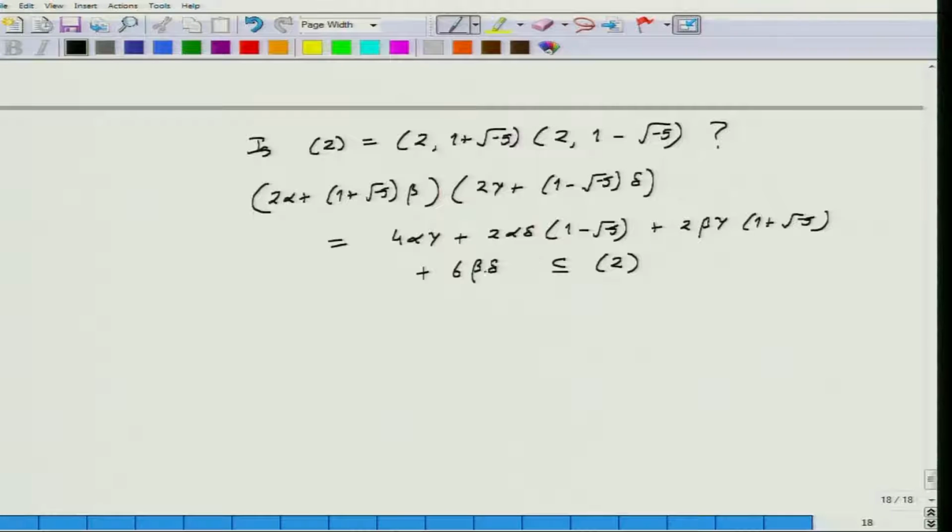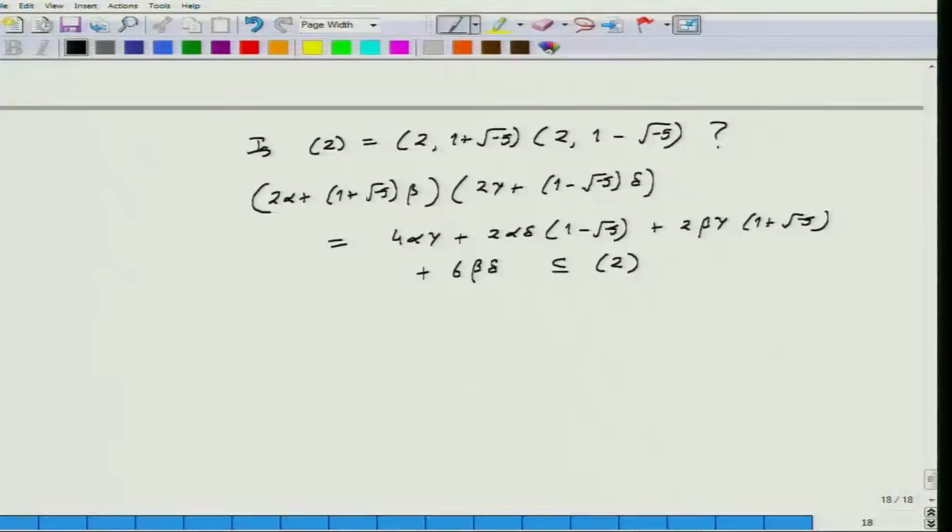It's basically 2 times some element of the ring, which is Z adjoined square root of minus 5. So that's one way is clear.